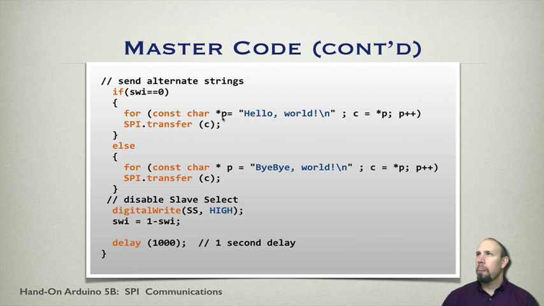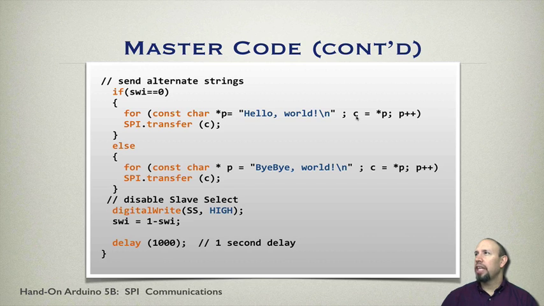Notice this is a very unusual command, so let's talk through it a little bit. Constant character *p. What this is doing is setting up a character array, and these are the values in that character array. *p is the address, and notice we're incrementing the address.